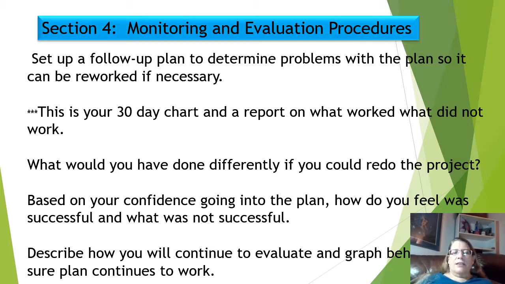And so that's one of the things that you need to build into your paper, a description of how things went wrong, how things went right, what would you do different, what would you recommend for the future as if this was something you wanted to continue into next semester, okay? So you want to describe how you would continue to evaluate and graph your plan.